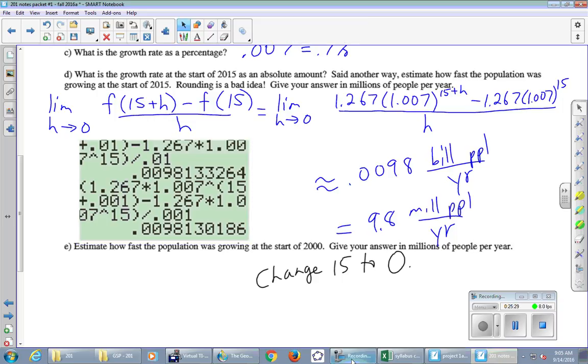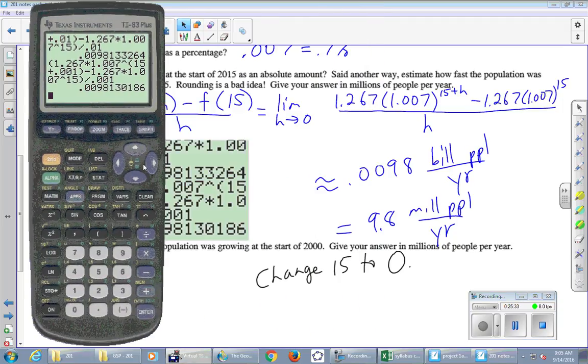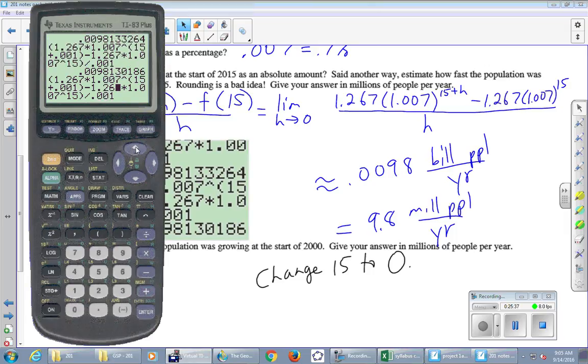Okay, so we're just going to jump to the punchline here. I'm just going to leave this most accurate answer with the 0.001 in it, and I'll just change my 15s to zeros. So 0 there, and delete, and then change the other 15 to a 0, and delete. And we get about how many millions of people per year?